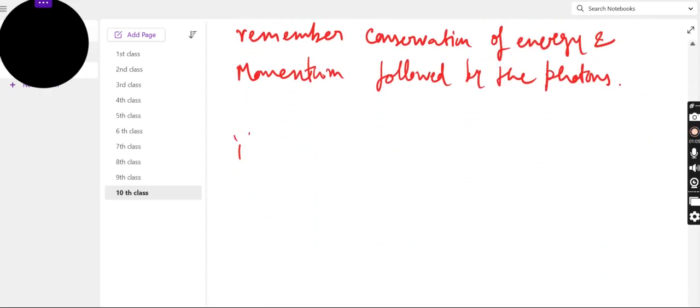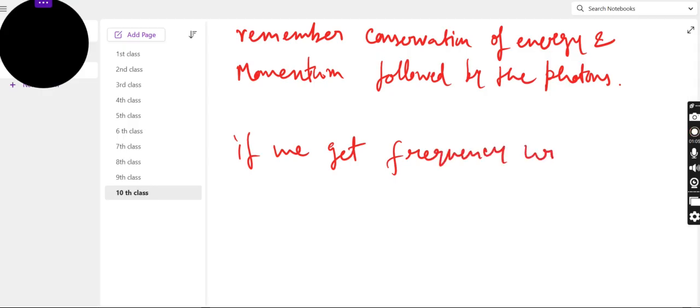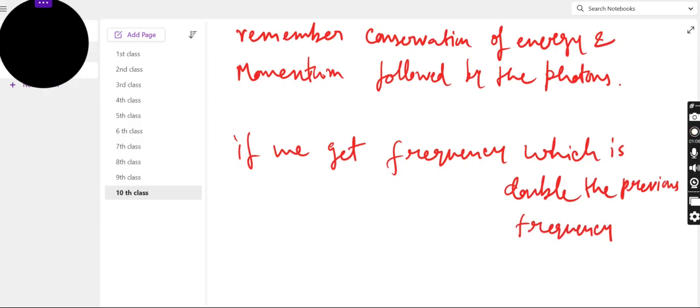So if we get a frequency which is double the previous frequency, then lambda becomes lambda by 2.